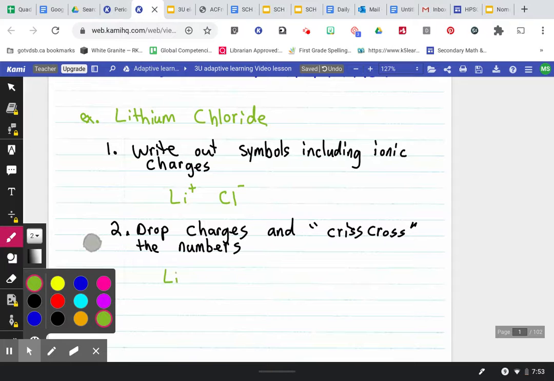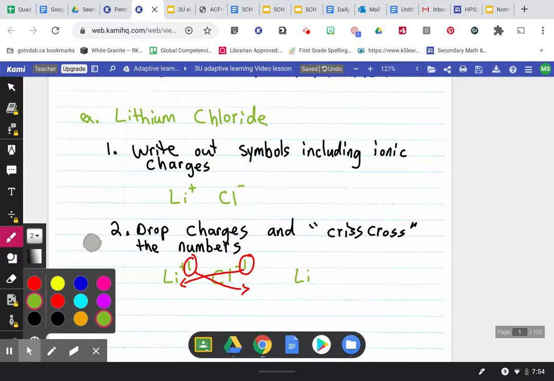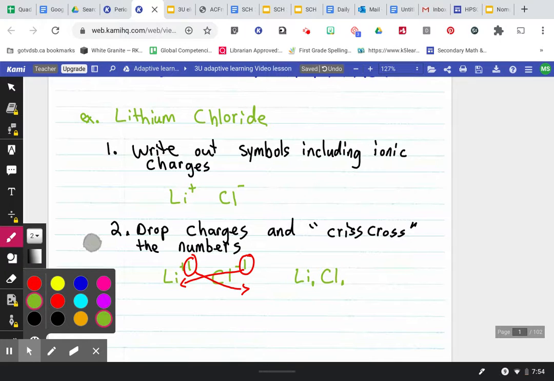If we have our lithium with a +1, I'm going to write the 1 this time, just so we remember that it is really a 1. We take this invisible 1, and we cross it down here. And we take this invisible 1, and we cross it down here. And so we end up with Li1Cl1. Except we all know that in science, we don't really write those 1s. So we get rid of the 1s and it becomes LiCl.